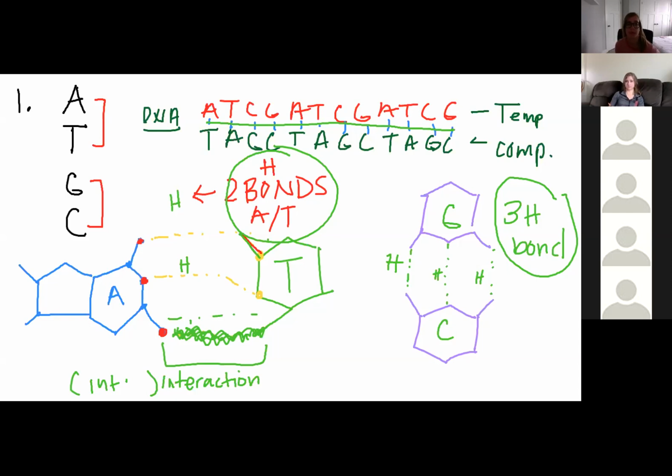Okay. So let's just draw it one more time clear for you guys, and I'll do it in different colors. Thymine, this, adenine.